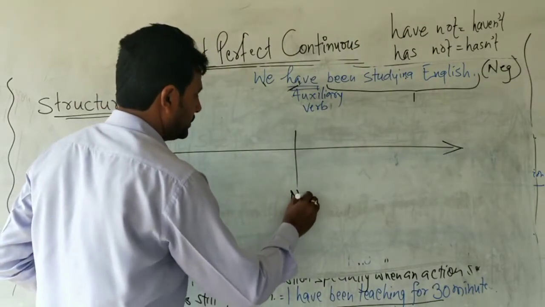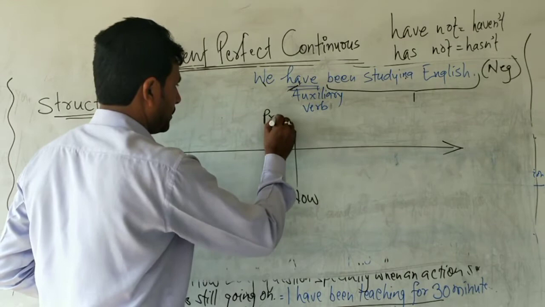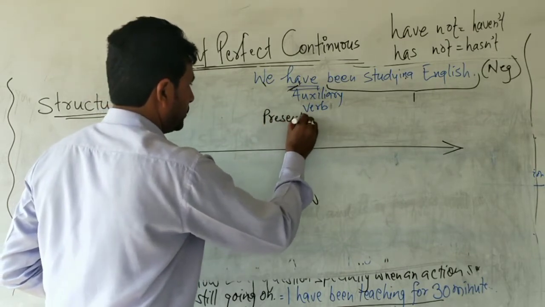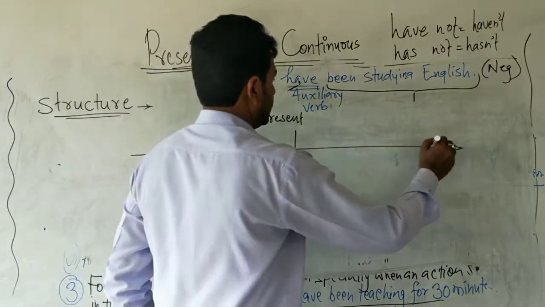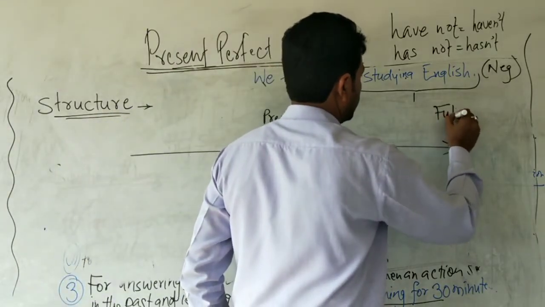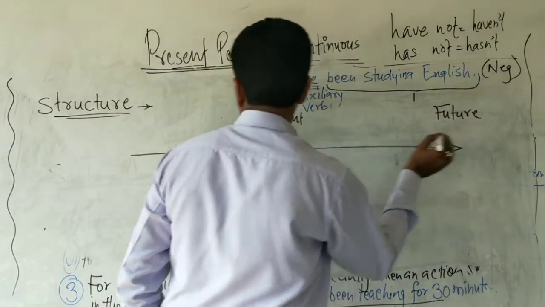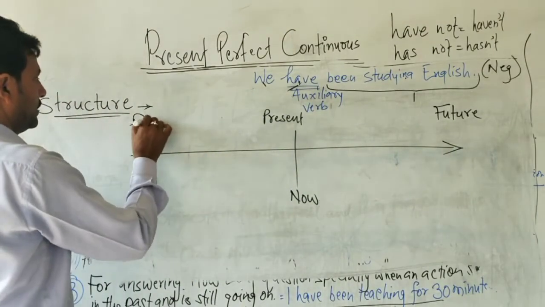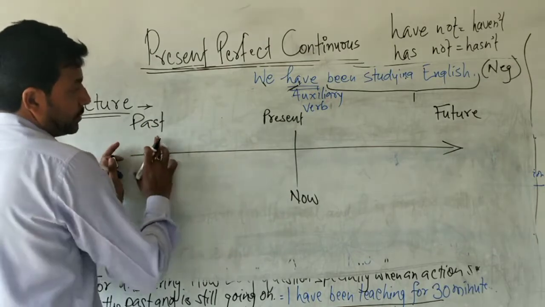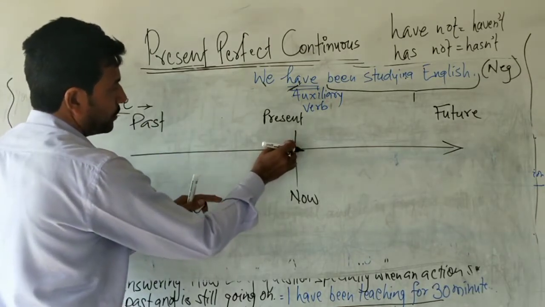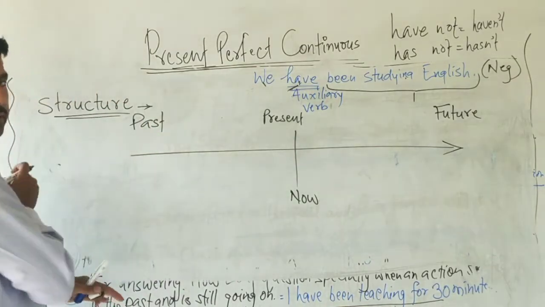This is now, which means it is present. In present we are talking about present perfect continuous tense. This is future. Right, and all here is past. Past means not only this point; all from here to this side is past.